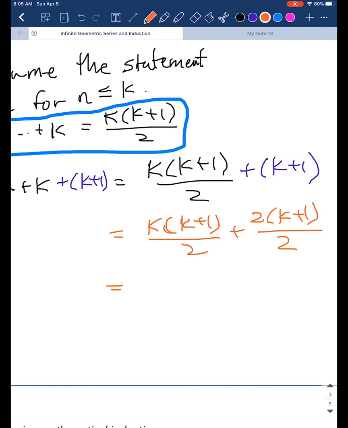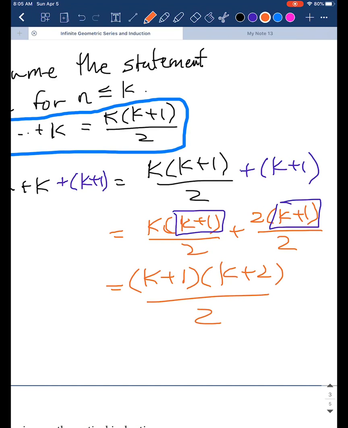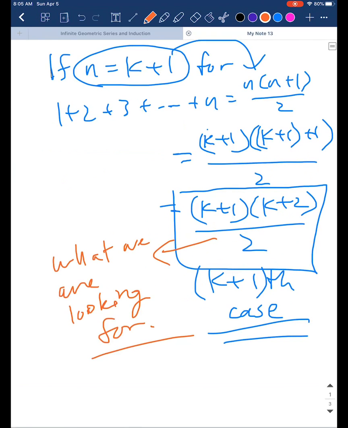And now that I have a common denominator, I can look at both terms, and I can see that both terms have a k plus 1 in common. So I'm going to factor out k plus 1. What am I left with? k plus 2 all over 2, which is what I was looking for in the first place.